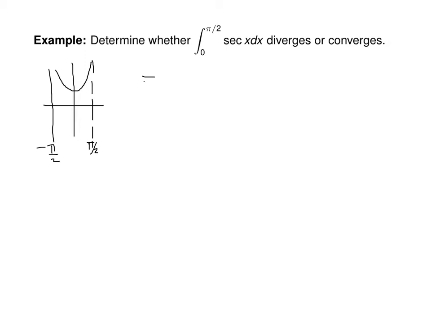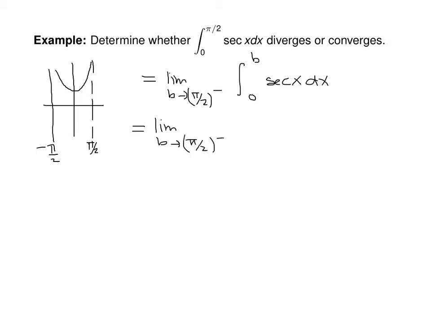So we'll find the limit as b goes to pi halves from the left, integral from 0 to b of secant x dx. Now the antiderivative of secant is a pretty tricky thing to derive, but we've used it quite a bit. It's ln absolute value secant x plus tan x, evaluated from 0 to b.